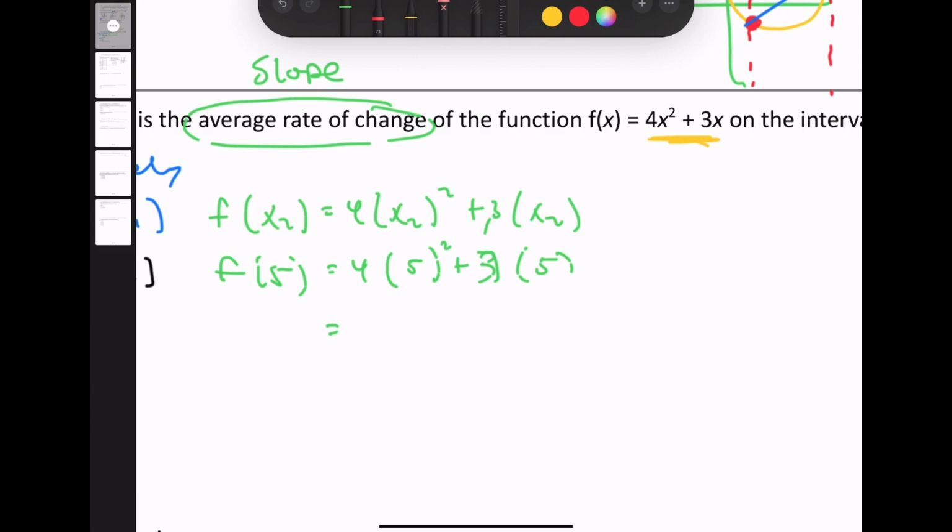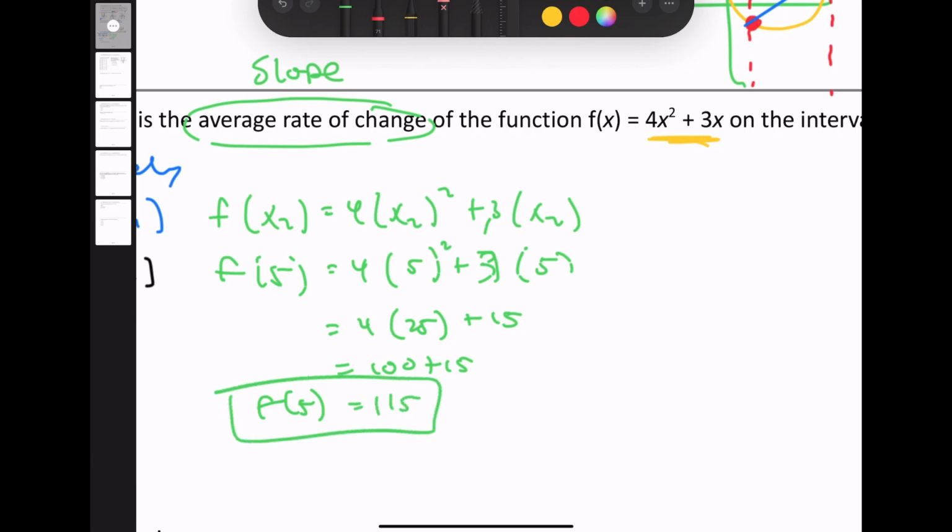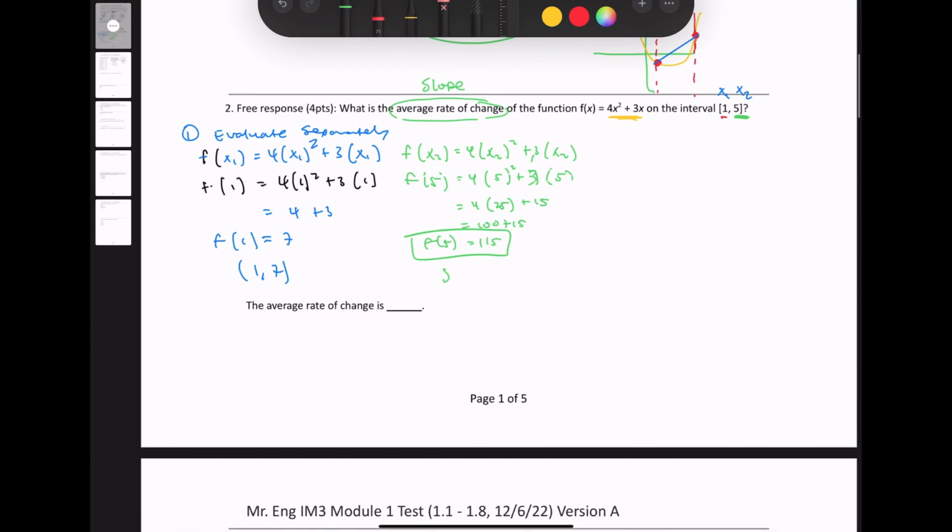So 5 squared is 25. 3 times 5 is 15. That's 100 plus 15. So f of 5 equals 115. And that is the ordered pair 5 comma 115.